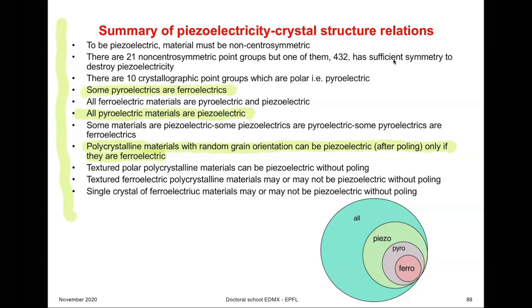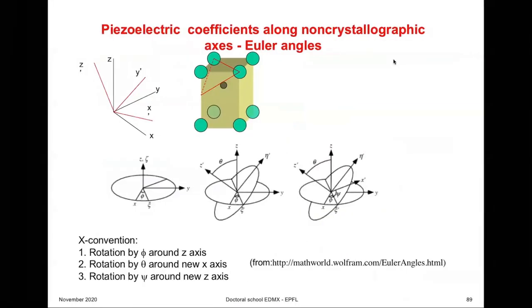Some pyroelectrics are ferroelectric. Well, all pyroelectrics have polarization, but only in some of them can that polarization be reoriented with the field, and that's ferroelectric, and so on. So I urge you to go through these statements and make sure that you understand them. And if you don't, please contact me.